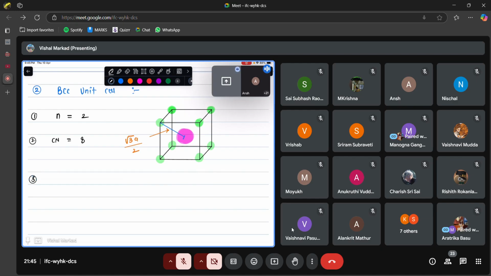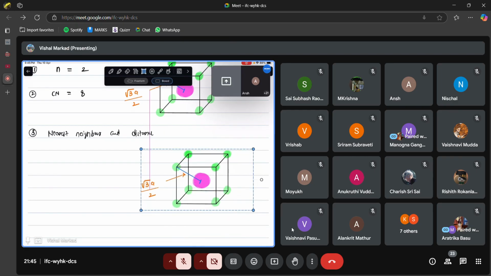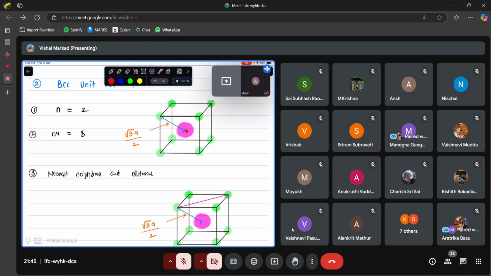Clear? And third thing, now we have to find out the nearest neighbor and the distance. Same diagram we will take. Now look here. What will be the distance here?